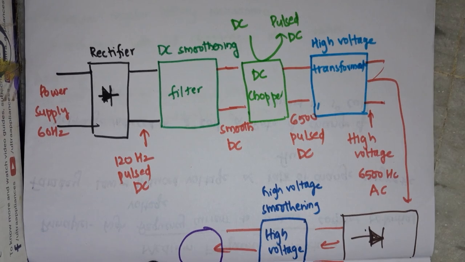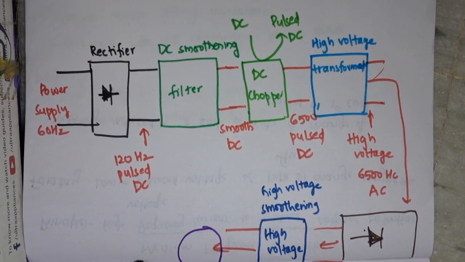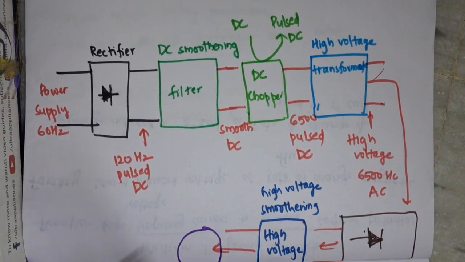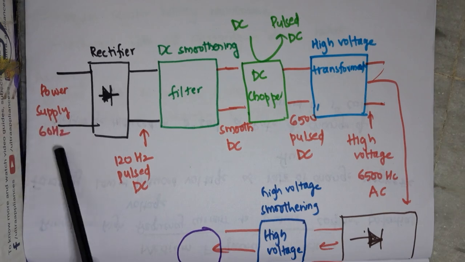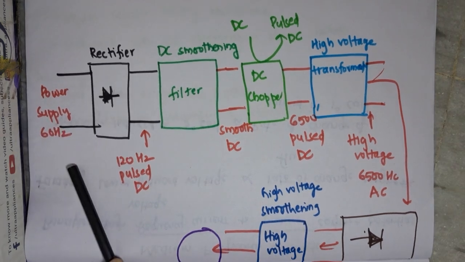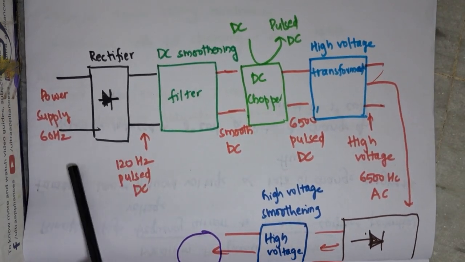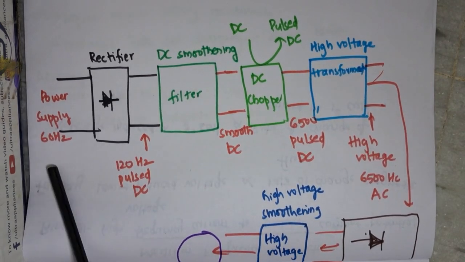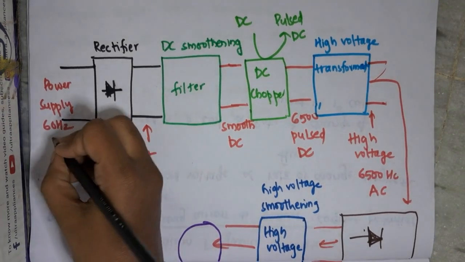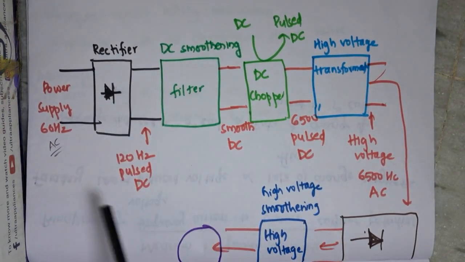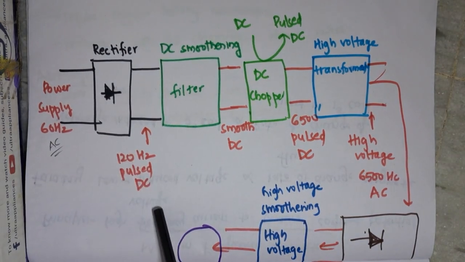So what is happening in this medium frequency generator? In medium frequency generators, a 60 Hertz current is supplied from the power supply, and this is first rectified. Once the 60 Hertz current is rectified, it will produce 120 pulse DC. Because this is from the power supply, this is alternating current, so this will produce 120 pulse DC.